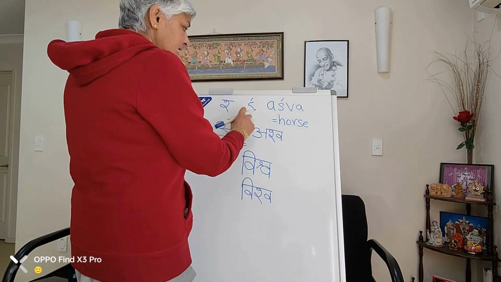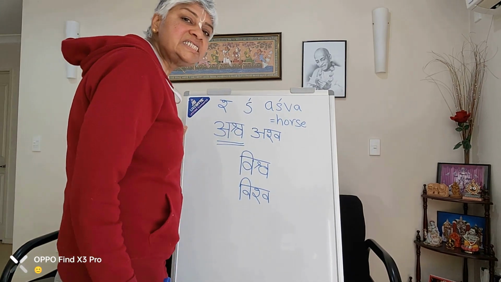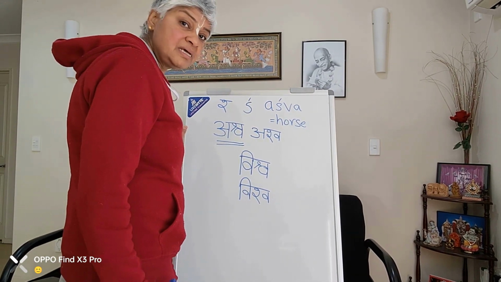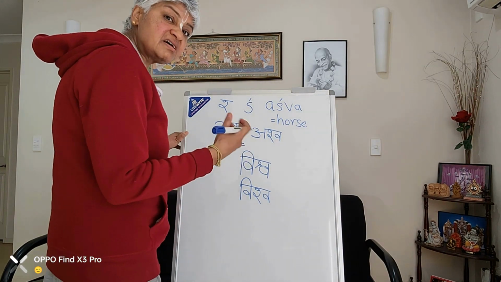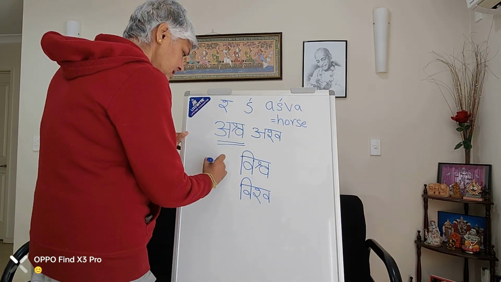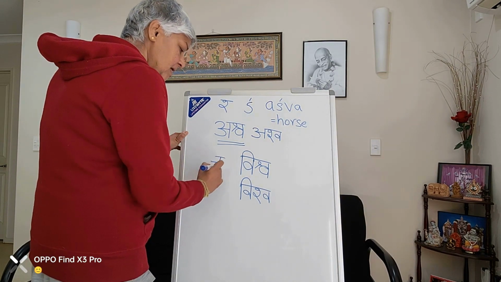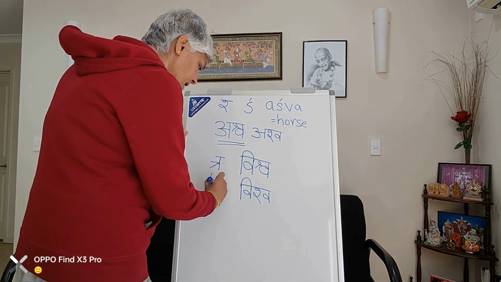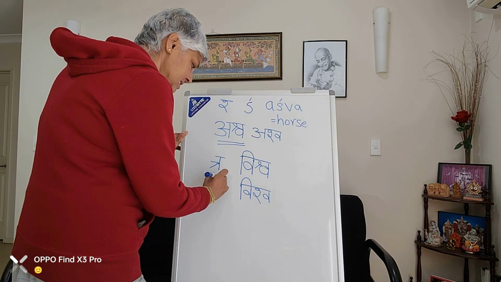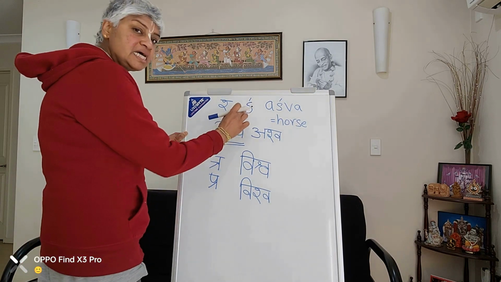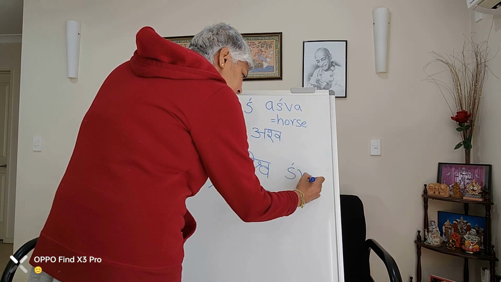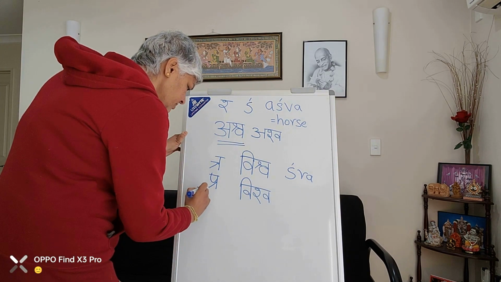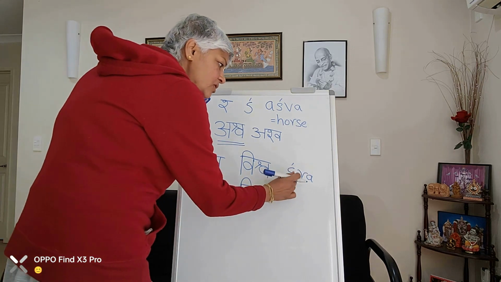Now, the sh. How is shri written? Shri is a very important word. Remember we said tra. Tra is written like this, right? Pra. Pra is written like this. Now we want shra. This is pra. We want shra.